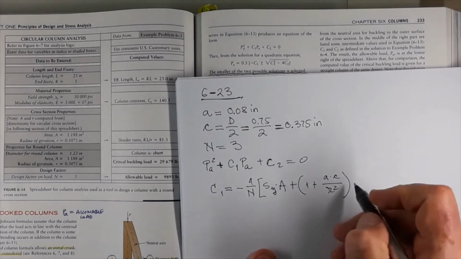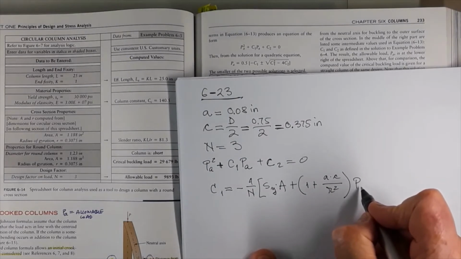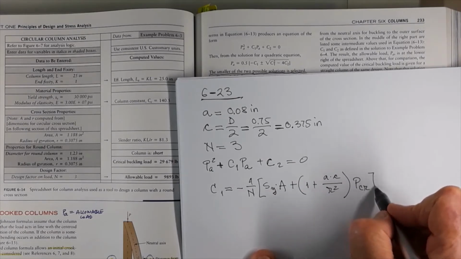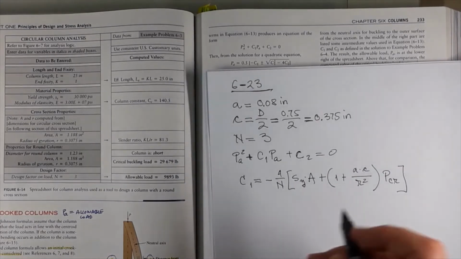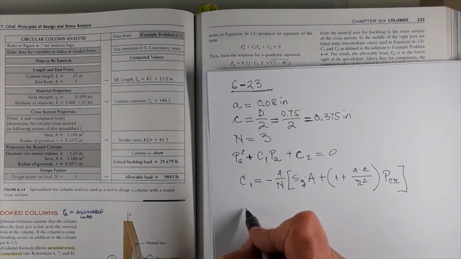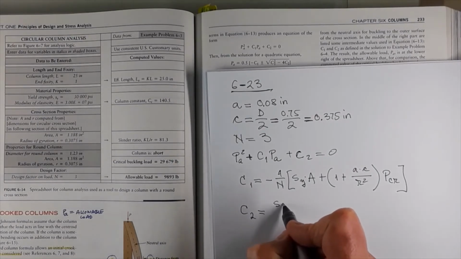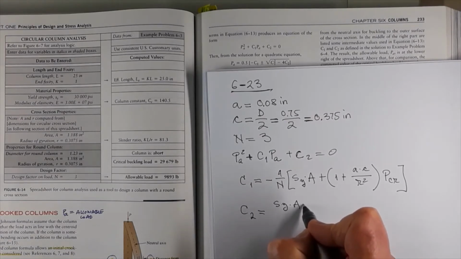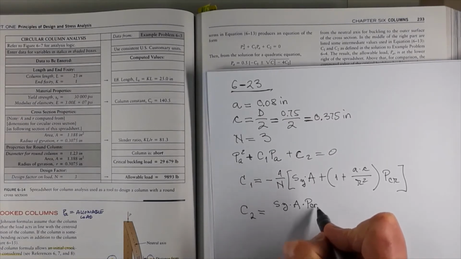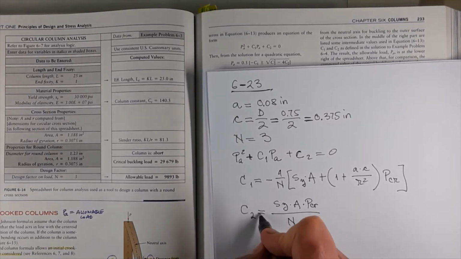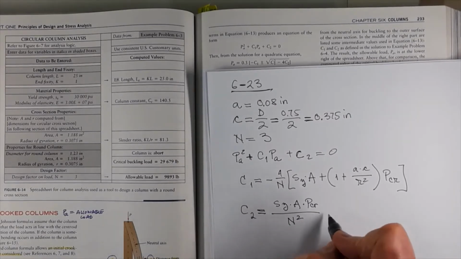Okay, and then times critical load from Euler analysis, and then the C2 coefficient is going to be yield strength times area times critical load from Euler analysis over N squared.